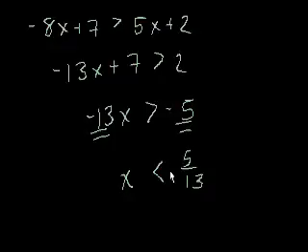There's really not much new here. You do an inequality exactly the same way you would do a normal linear equation. The only difference is if you multiply or divide both sides of the equation by a negative number, then you swap the inequality. I think you're ready now to try some practice problems. Have fun.